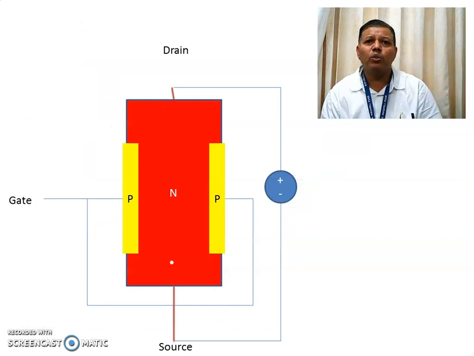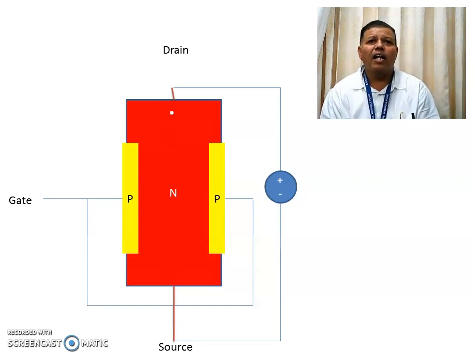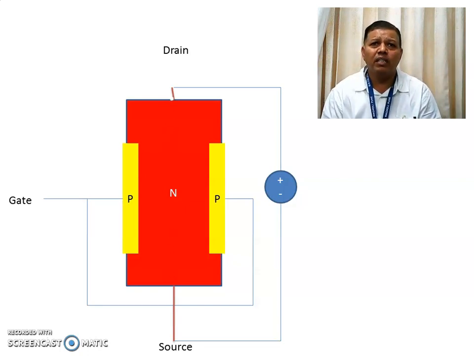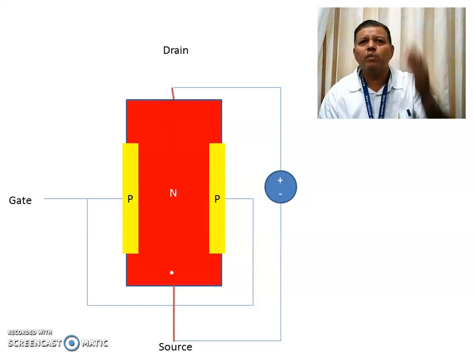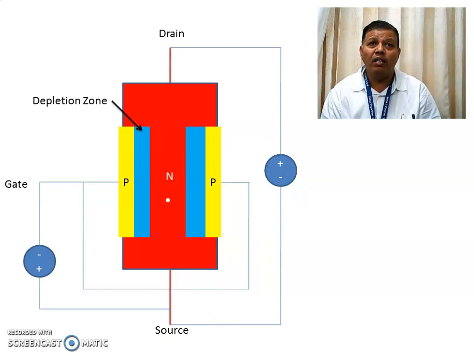Now see here, the source is connected to the negative, and in the N channel junction, the gate is connected to the P type conductor. Then what happens? Electrons move very smoothly through the N type conductor. But when we connect through the gate and increase the voltage, the depletion zone increases, and the flow of electrons gets controlled.